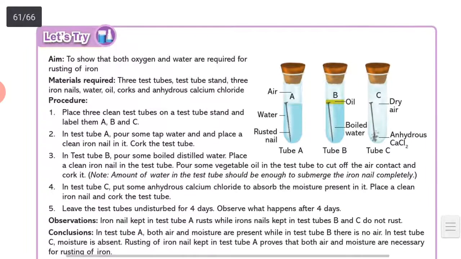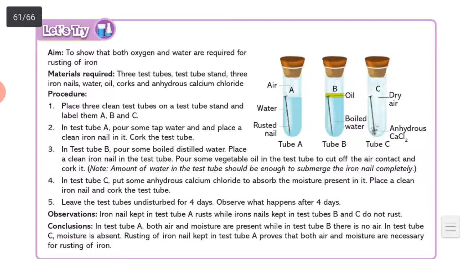Now to show that both oxygen and water are required for rusting of iron, let's do this activity. Material required: 3 test tubes, test tube stand, 3 iron nails, water, oil, cork, anhydrous calcium chloride.